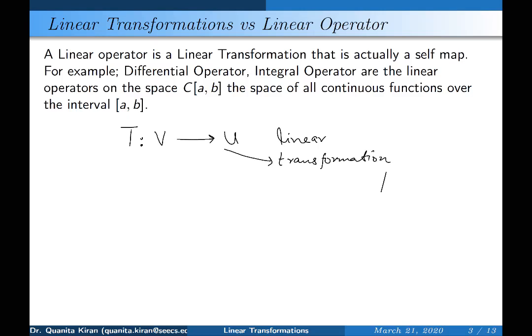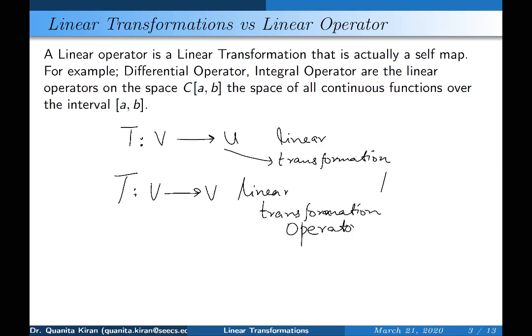And if we have a mapping that is a self-map from V to V, and it is also linear, then it is a transformation also, but in addition to that, it is an operator. So a transformation becomes an operator when it transforms the space onto the same space.